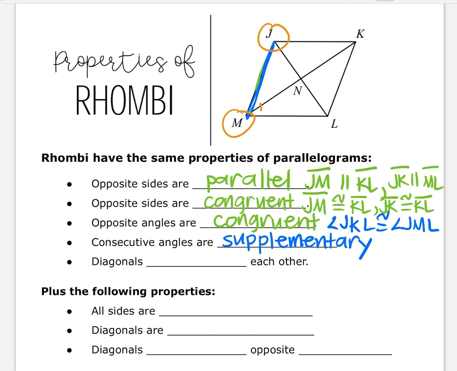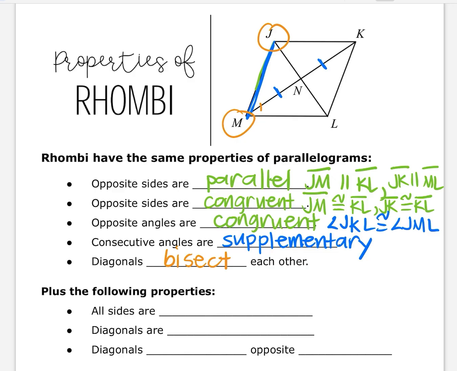The next property is that diagonals bisect each other. What this means is that the diagonals divide each other equally. So this part of the diagonal is equal to the other half of this diagonal.